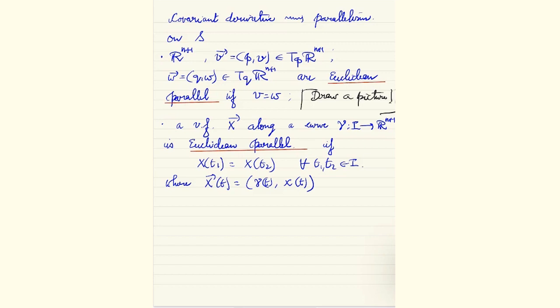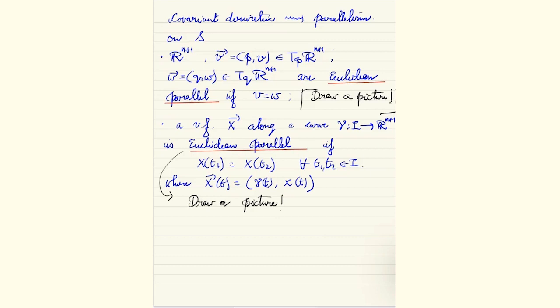In this case, you can draw a very easy picture, again for the second Euclidean parallel. It's just some curve, and along the curve you have all these little arrows lying parallel to each other. So that's it, if you draw it pictorially.